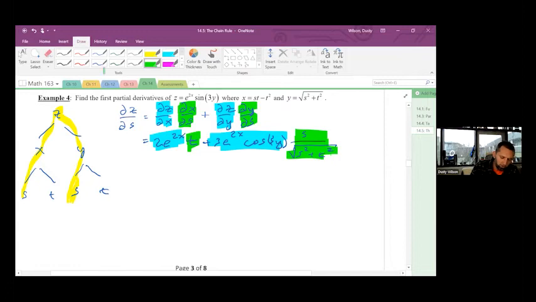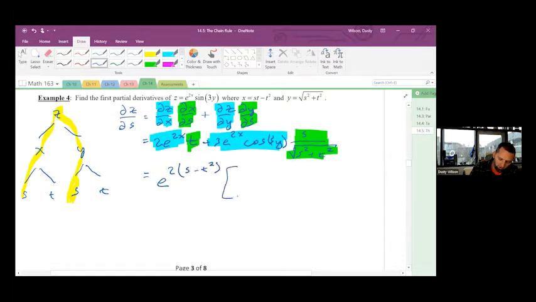So if we substitute in for x and for y, there's a common factor of e to the 2x. So this will be e to the 2 times x, and x is st minus t squared.